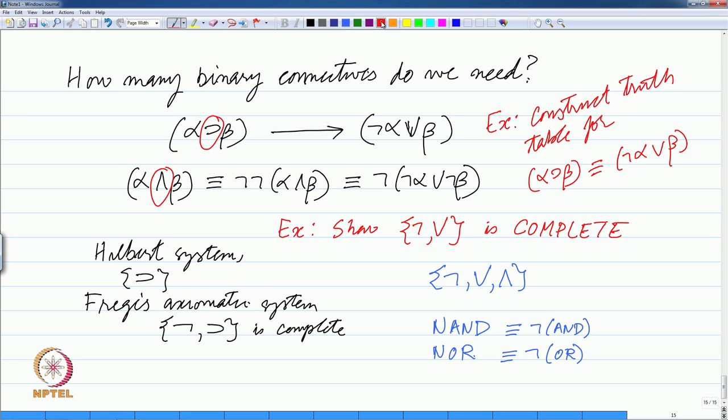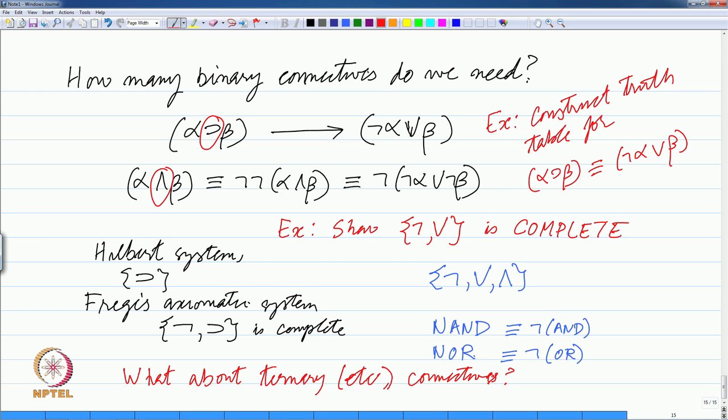One more question which I want to ask is, what about, let us say, ternary connectives and other higher order connectives? Do we need them?